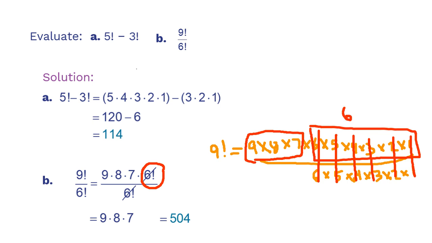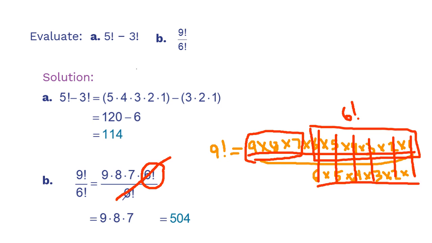And so since we're dividing by 6 factorial, I can stop here because 6 factorial divided by 6 factorial is going to be 1. So my answer is 9 times 8 times 7, which is 504. Okay. But if you want to write all the way to 1, then that's perfectly fine as well.